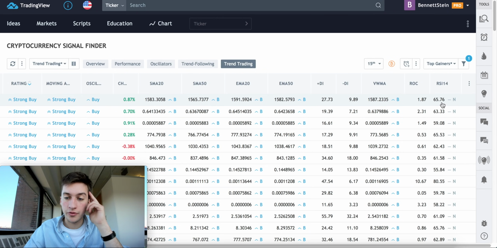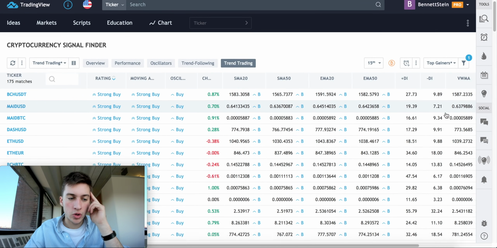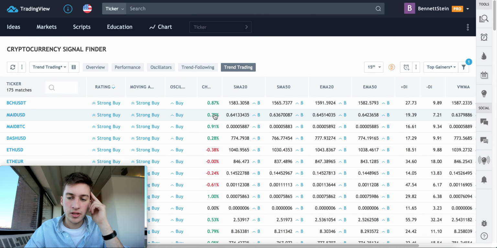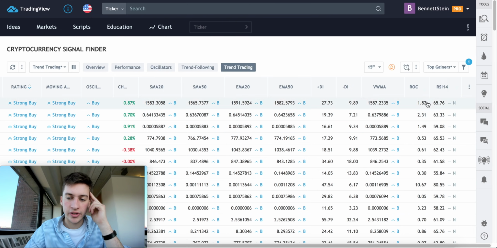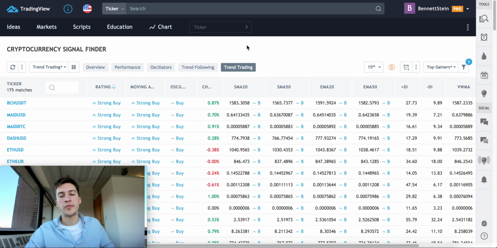RSI, to maybe get some oversold and overbought readings. Bitcoin Cash looks to be about neutral, which is fine. And you see the ratings already changed. The ratings change immediately when I put these indicators on because it's now calculating based on that new indicator. All right, so we just went into a deep dive into how to trade using the cryptocurrency signal finder.